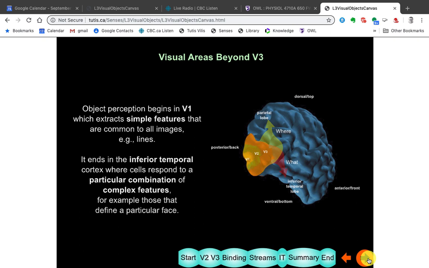So V1, V2, V3, you can imagine simple features being bound together. Oh, there's a box there, but you don't really recognize it as maybe part of a laptop until you reach these lower areas.